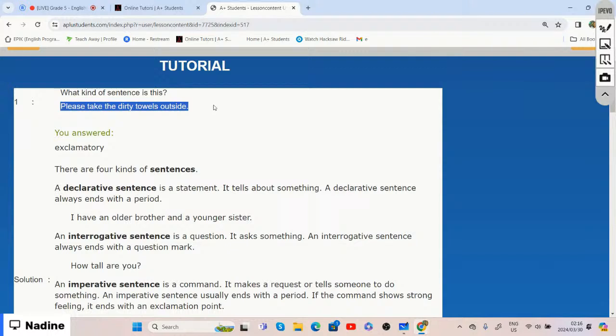Is that a declarative sentence, an interrogative sentence, imperative sentence, or exclamatory sentence? We need to say what kind of sentence that is.